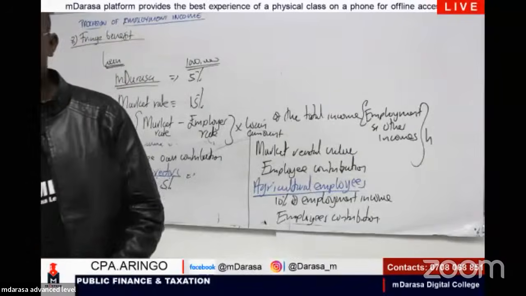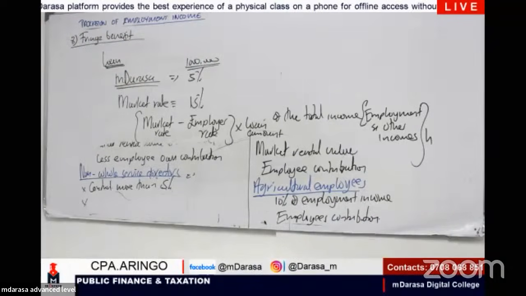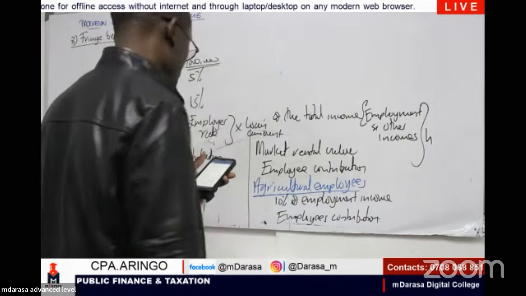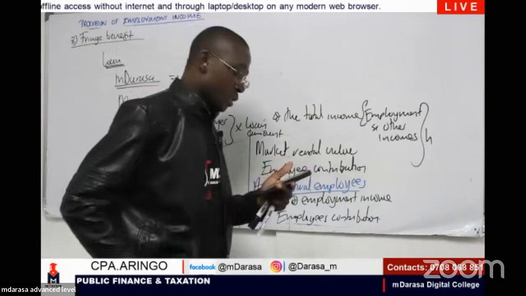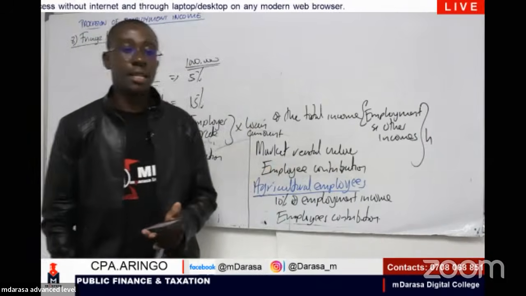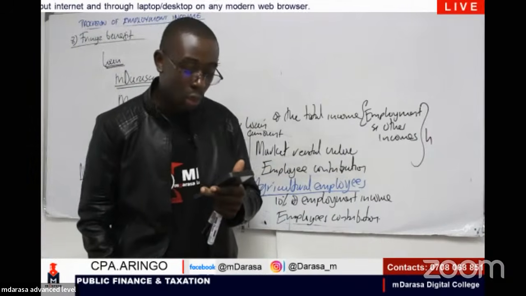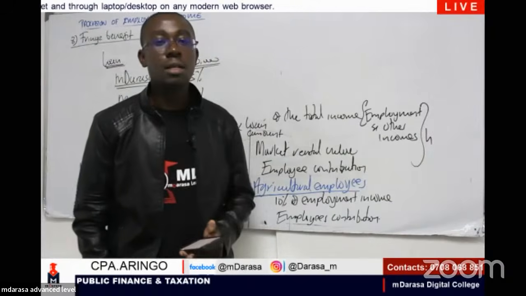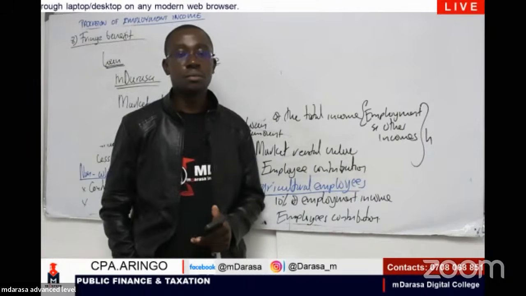As fringe benefit. So maybe you can just mention very briefly that a fringe benefit arises when employees are granted loans by the employer at an interest rate that is lower than the prescribed or market interest rate.